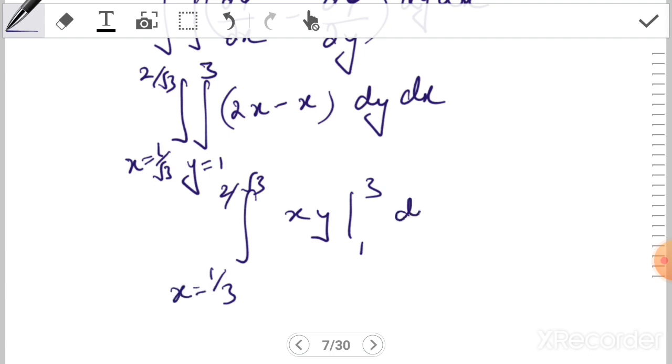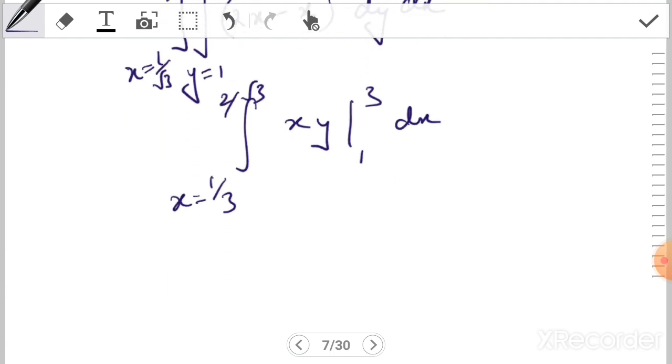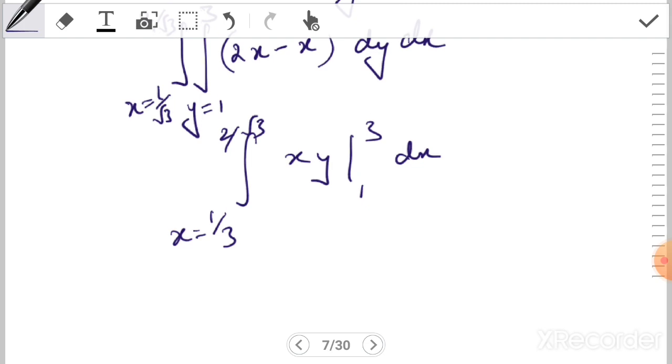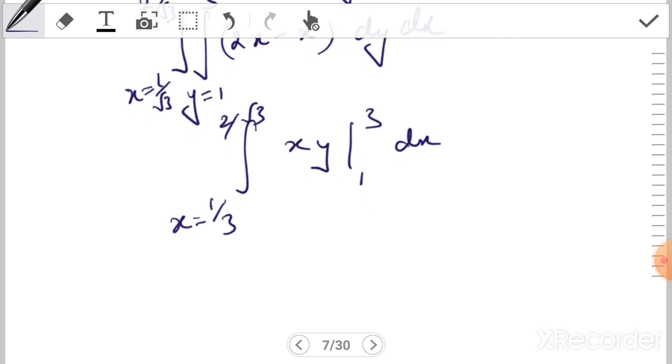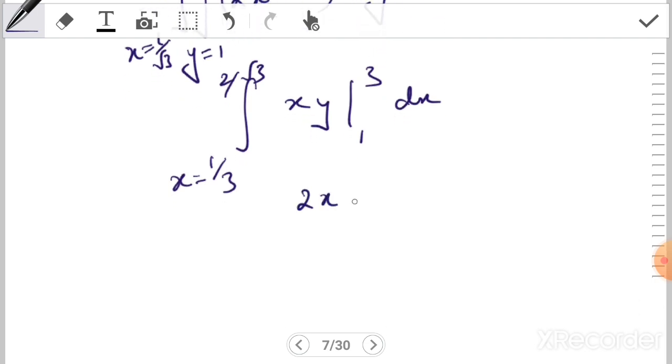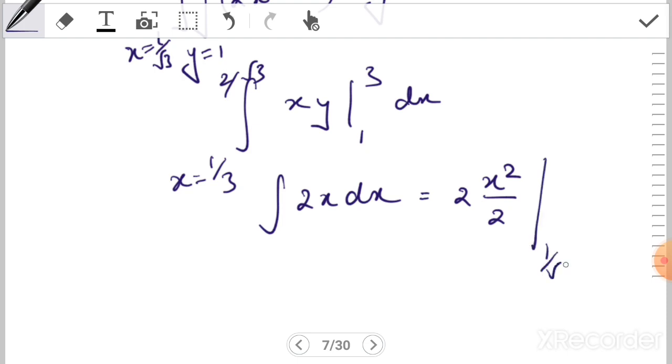Now simplify, x from 1 by root 3 to 2 by root 3, dx. So this is 2x dx, and integrating, x square from 1 by root 3 to 2 by root 3.